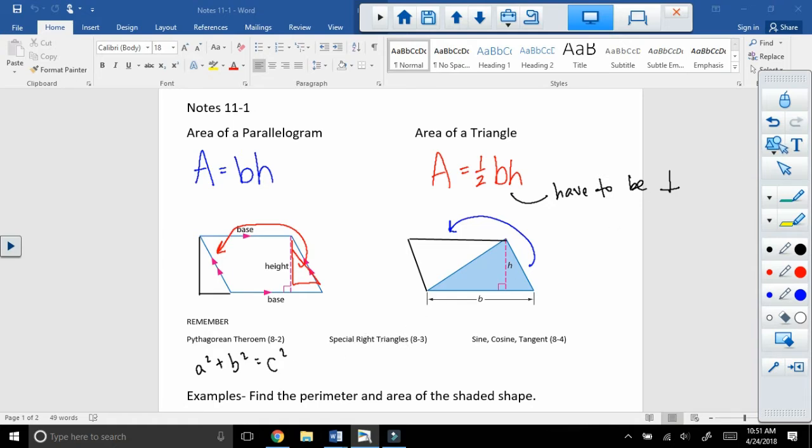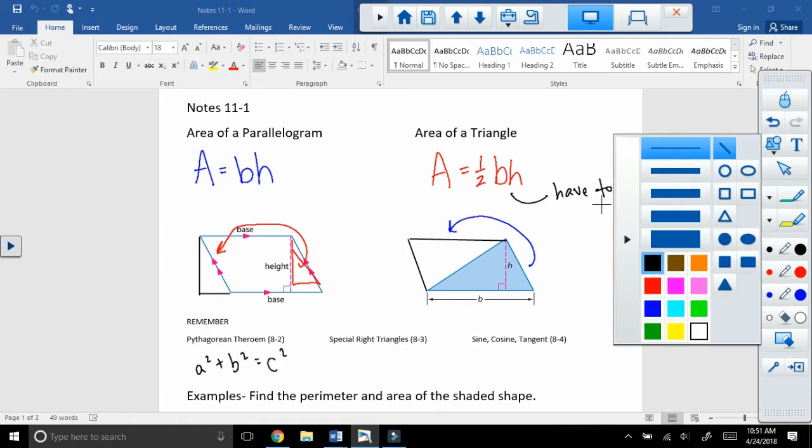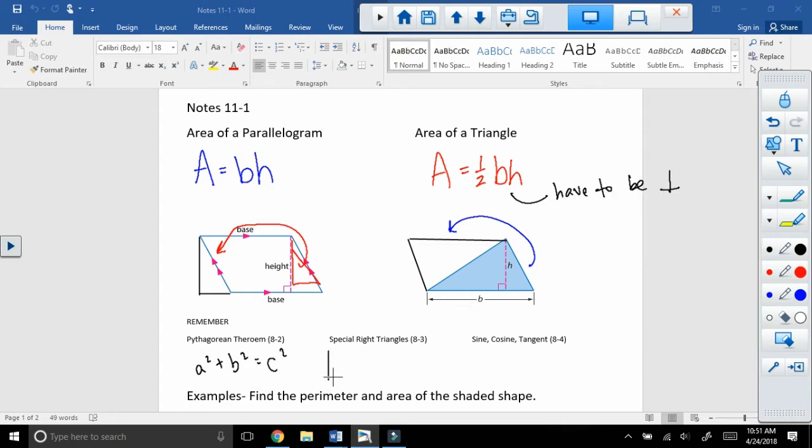Special right triangles. Maybe you just draw a little reminder of each one of those. So if you have a 45, 45, 90, the ratio is 1 to 1 to the square root of 2.